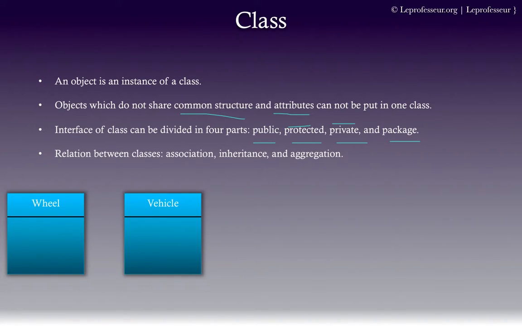A vehicle may have many wheels, but a wheel belongs to one vehicle. So there is a one-to-many relationship between vehicle and wheel. One vehicle may have multiple wheels, but a wheel belongs to only one vehicle. That's an example of an association.